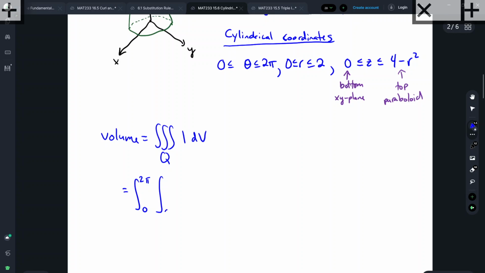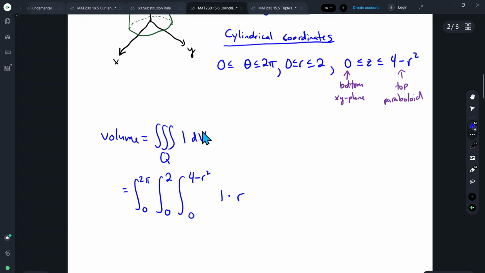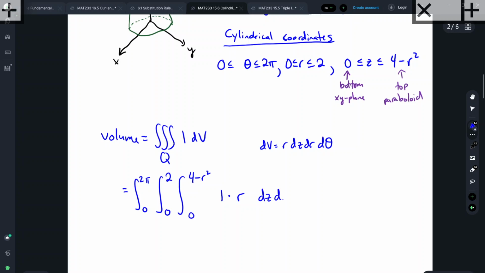Then we do r next, so r goes from 0 to 2. Then we do z, so z goes from 0 to 4 minus r squared. And the function is 1, but then I have to multiply by r because dv is equal to r dz dr d theta.